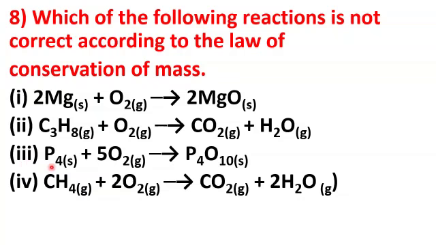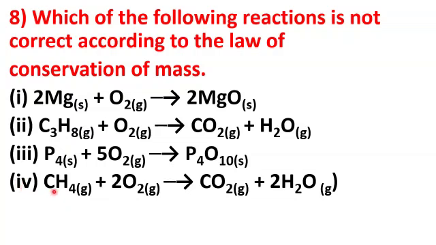Third equation, if you observe, on the reactant side phosphorus is 4, on the product side phosphorus is also 4. The number of oxygen on the reactant side is 5 into 2 equal to 10, in the product also 10. Hence option 3 is balanced. It is correct according to the law of conservation of mass.